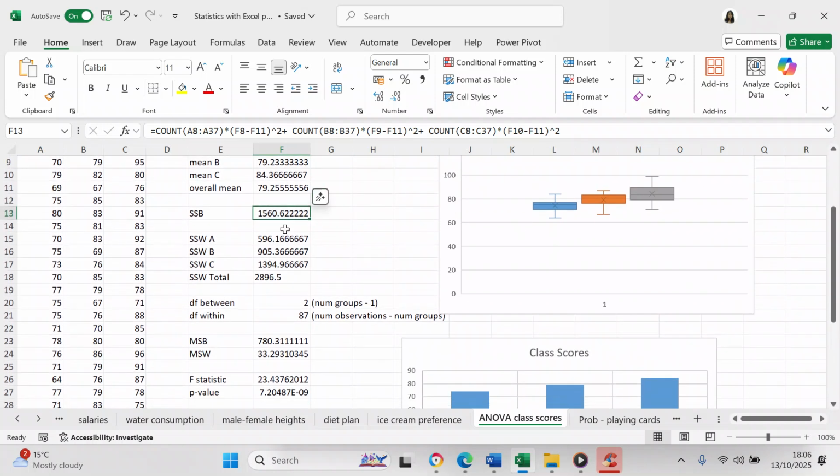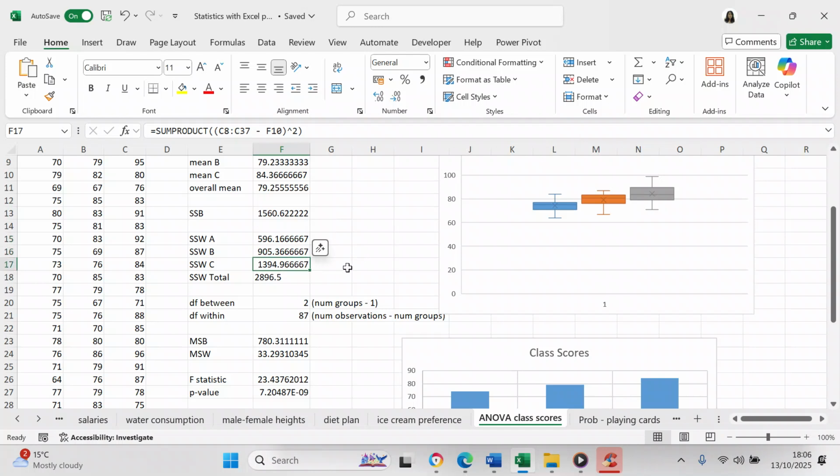And then SSWA is the formula for Group A, and it's just a sum product, giving you a value of 596.167. SSWB is your sum product for Group B, and that's squared, giving you a value of 905.367.